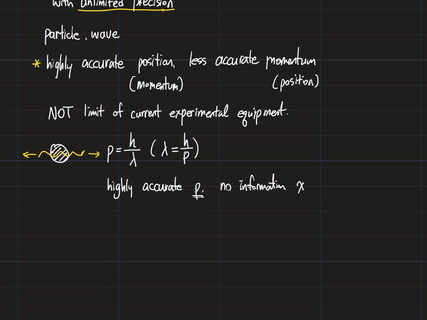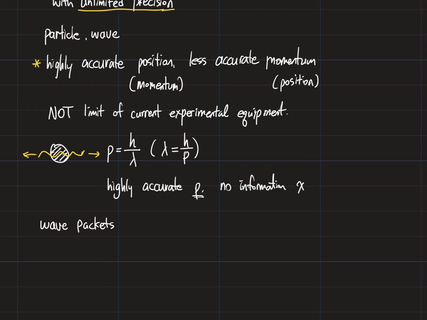Now we want to locate the particle, which means we want a really accurate position. That means we need to create a wave packet, a wave that is confined to a small region of space.